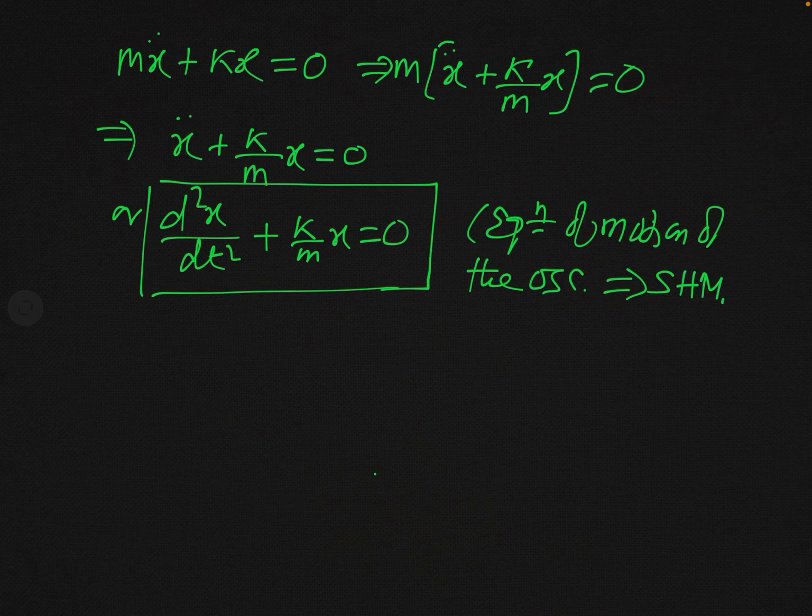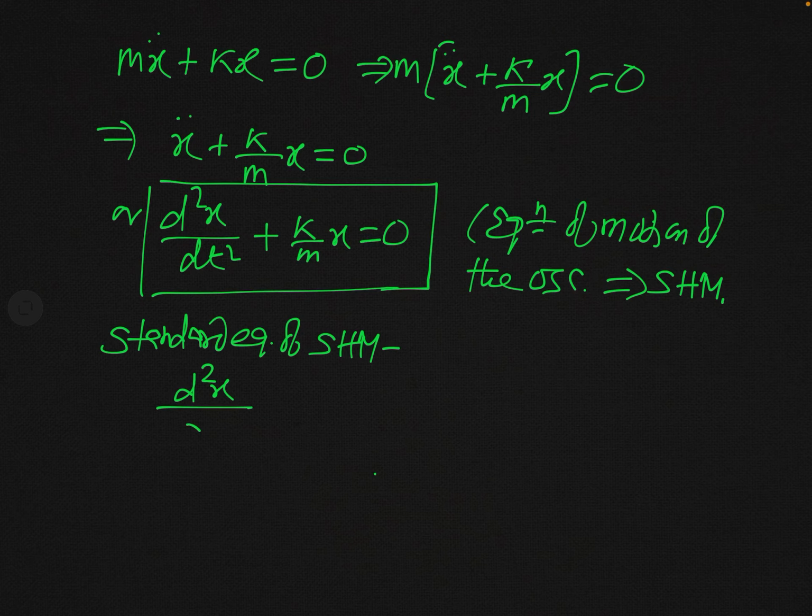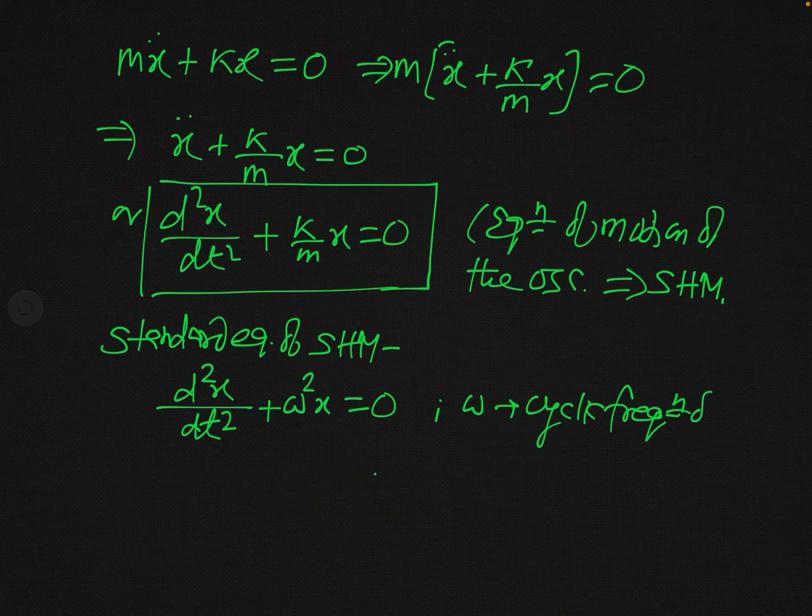You can easily find it. You know, a standard equation of SHM is what? A standard equation of SHM is d2x by dt square plus omega square x equal to 0. And here omega is actually the cyclic frequency of SHM.